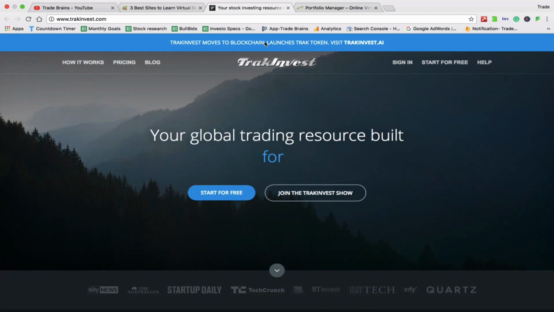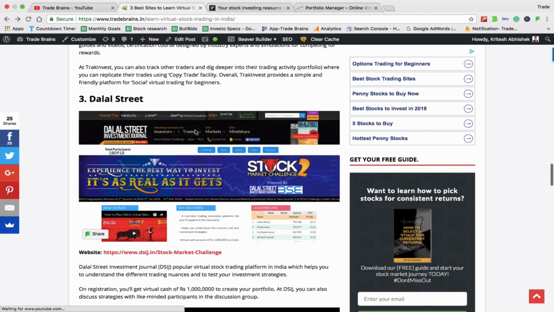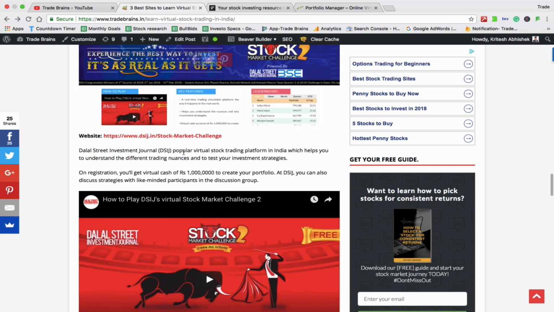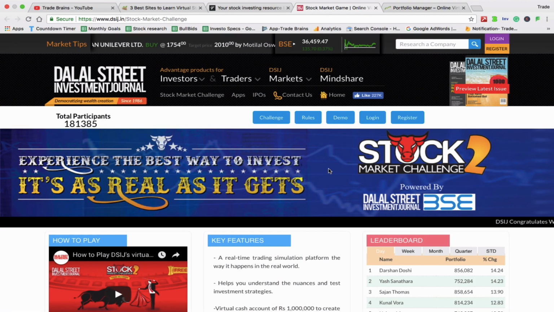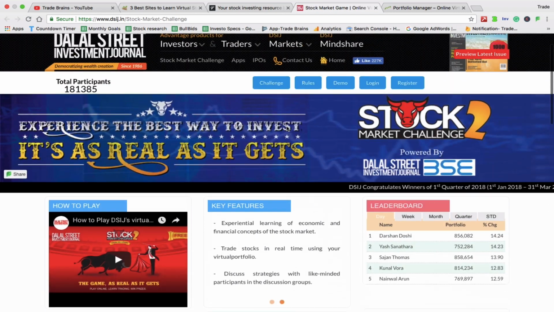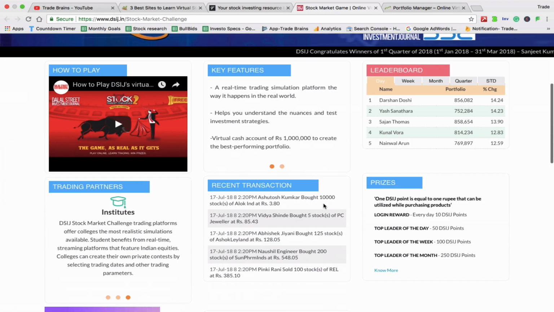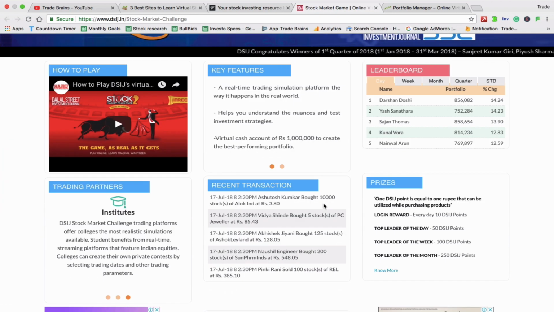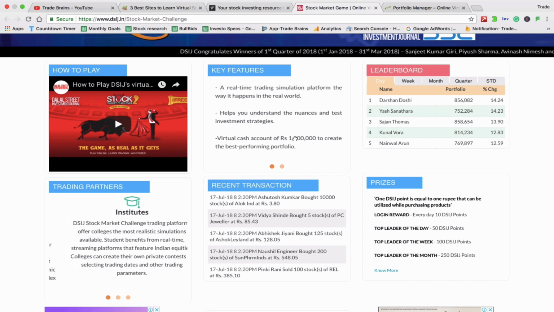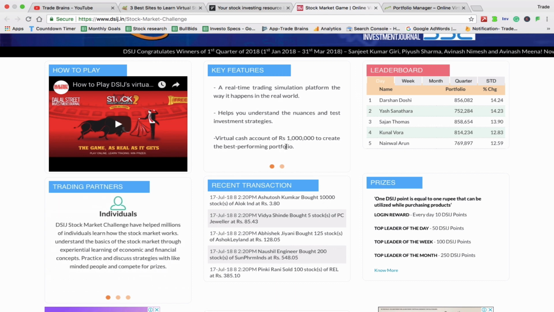So the second is Track Invest, and the third one is Dalal Street Journal, DSJ. I have already included the link on the website you can use to go to the Dalal Street, and this is also the same as Money Control, and here you can sign up and start trading. It is also the same as any virtual trading platform. You will get rupees 1 million or 10 lakh, and you can use that amount to apply different strategies.